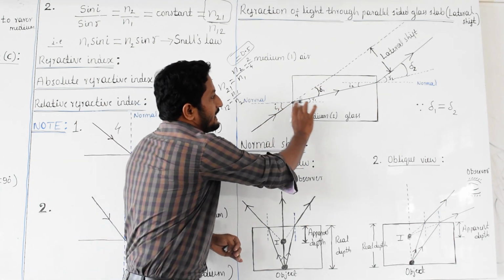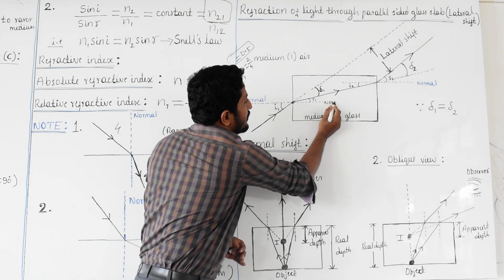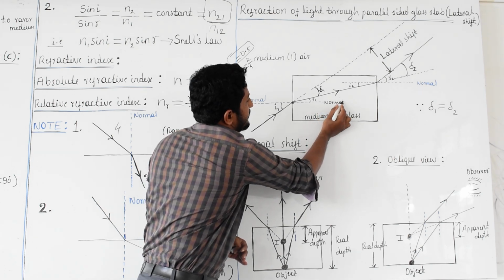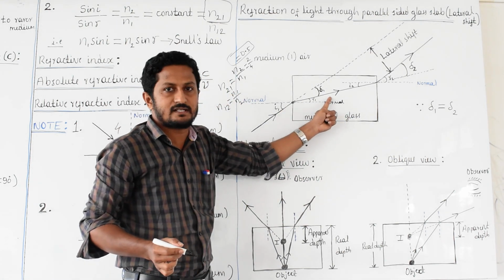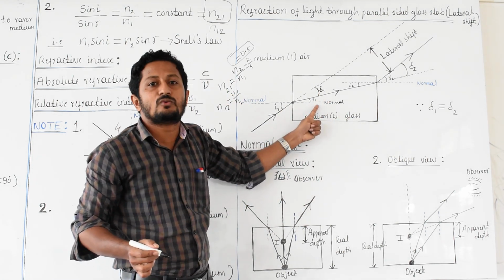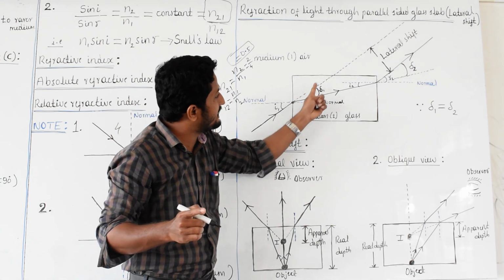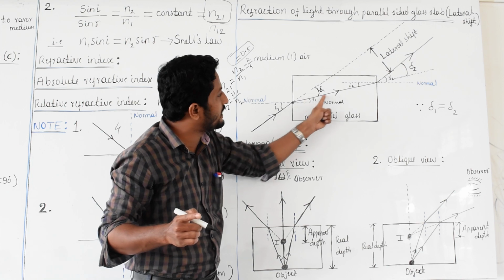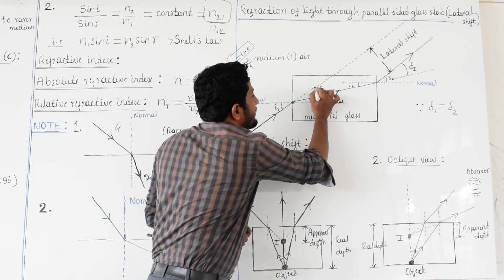Why? That light ray is bending inward, I mean it has to bend towards the normal. This is the normal. Getting what I mean to say? Yes, rarer to denser, it should bend towards the normal. Instead of going like this, it moved along this line. This much it got deviated.